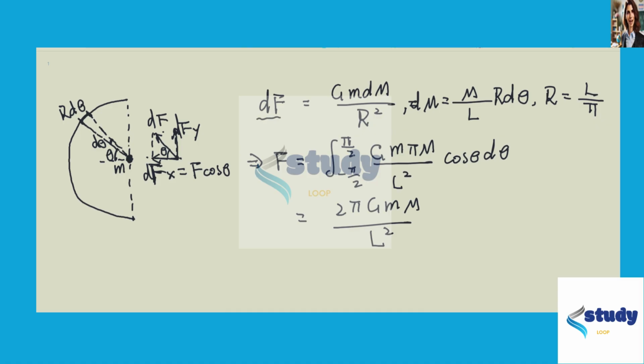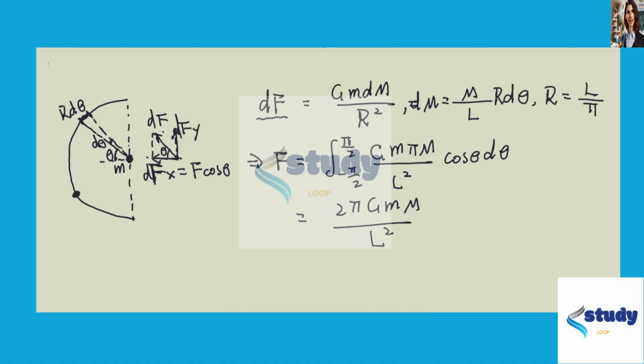That's the total dF. So the dF is going in this direction. Suppose this angle is theta. So we can divide the dF into two directions, dFx and dFy. So for each tiny part here, we can always find a corresponding part here, which has the same magnitude of the force, and they have the same x component, but their y component is going in the opposite direction.